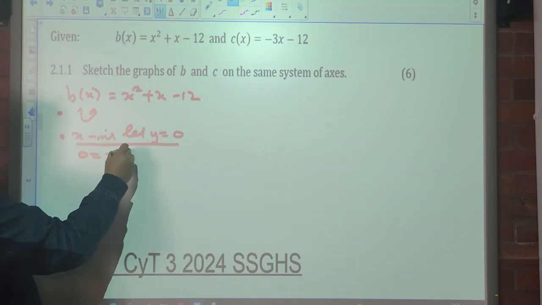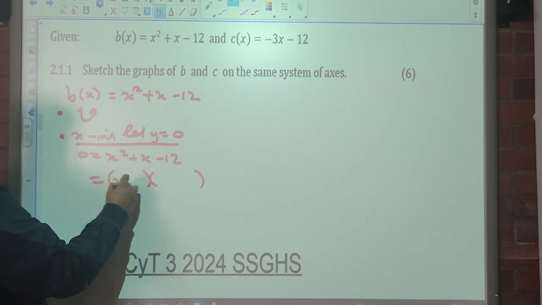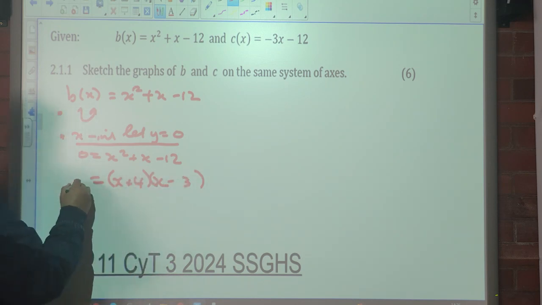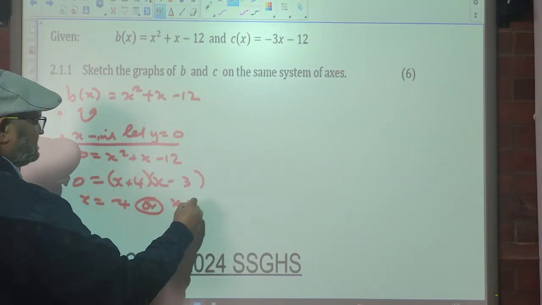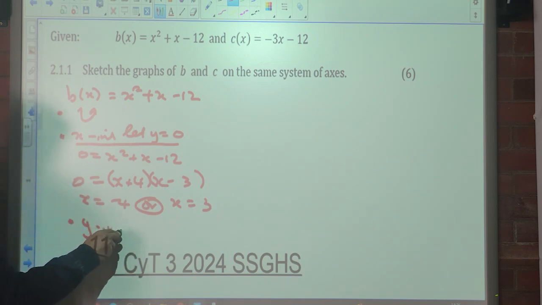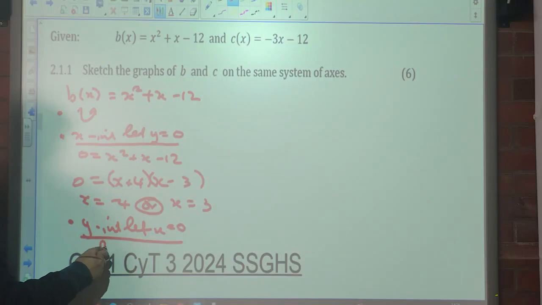So 0 is equal to x squared plus x minus 12. 4 and 3, plus and minus. So x is minus 4, or x is 3. Y-intercept: let x equal to 0. So B of 0 is equal to negative 12.